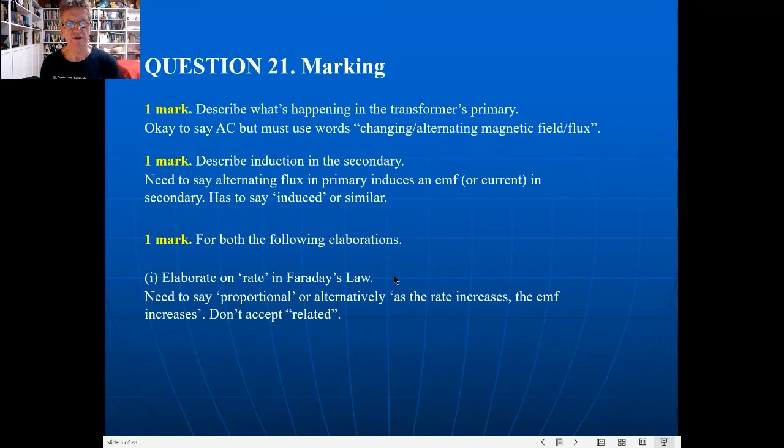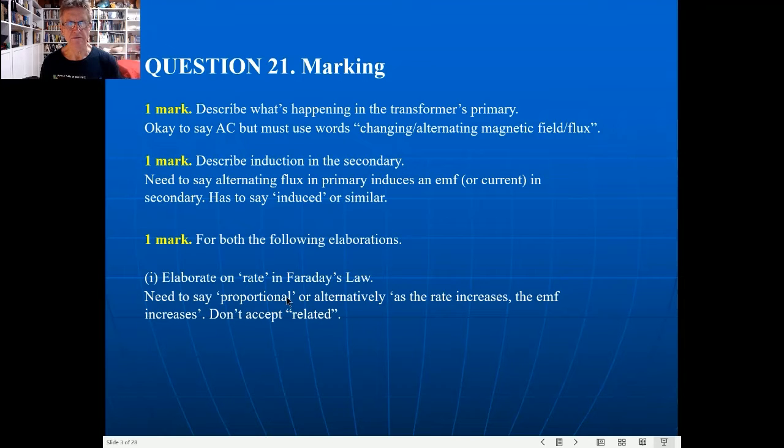You've got to show that they're linked by some sort of proportional relationship. It's no good just saying they're related. You want to say that they're proportional, because that's exactly what Faraday's law talks about. So don't say related. You've got to be more specific than that.